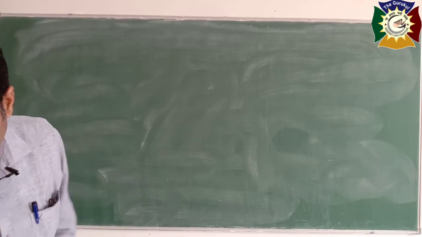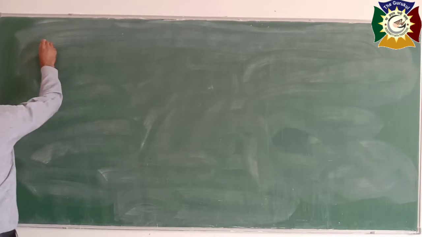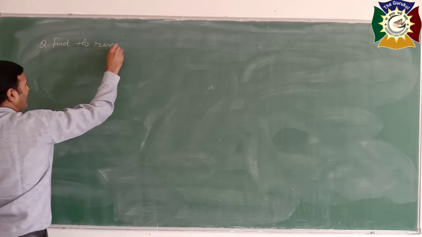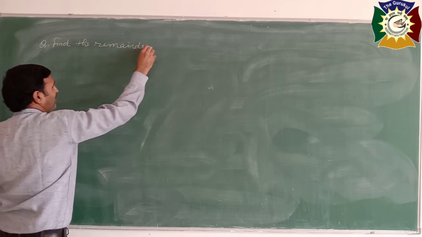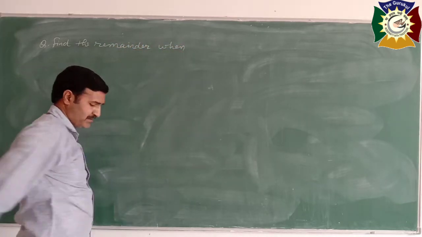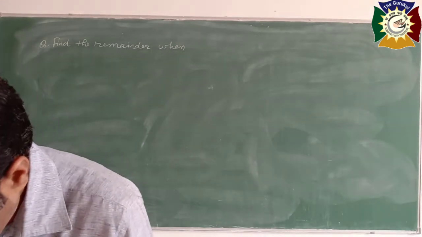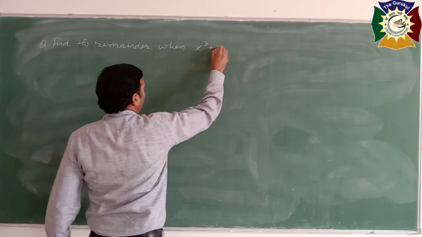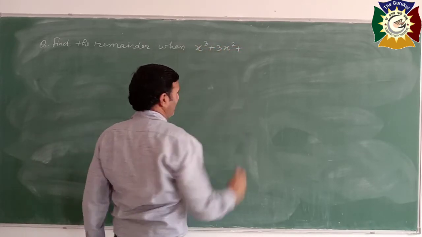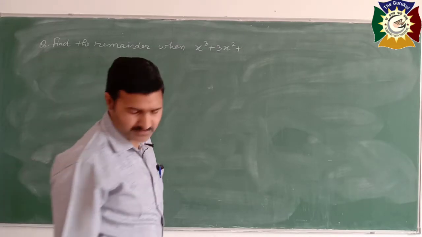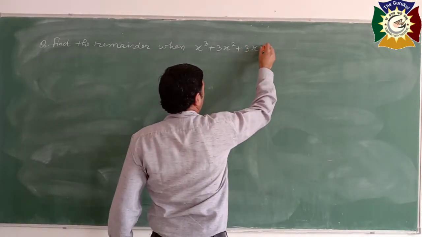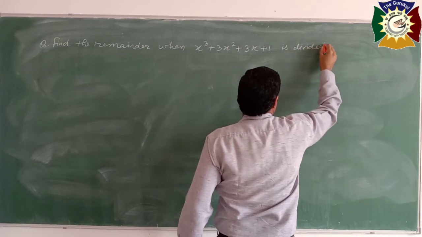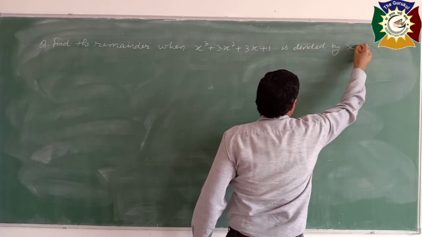One more question. Find the remainder when the polynomial x cube plus 3x square plus 3x plus 1 is divided by x plus pi.